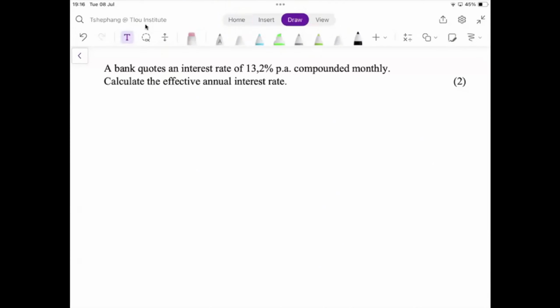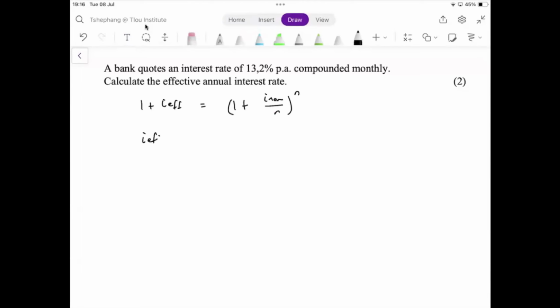I said I come up with a mnemonic where I say there's only one if, and then this is 1 plus I nominal over n, to the power of n. And then we're looking for I effective.